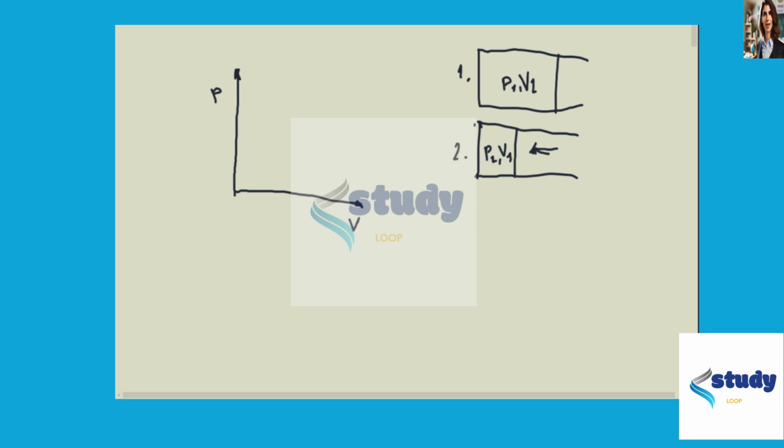So on a pressure volume diagram, let's say that here is the point 1. The corresponding volume is V2 and corresponding pressure is P1. This is all being done on a constant temperature.